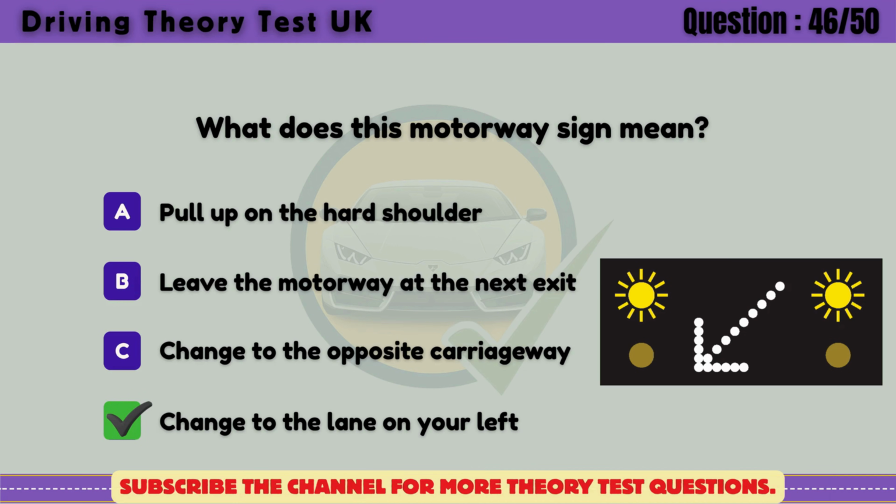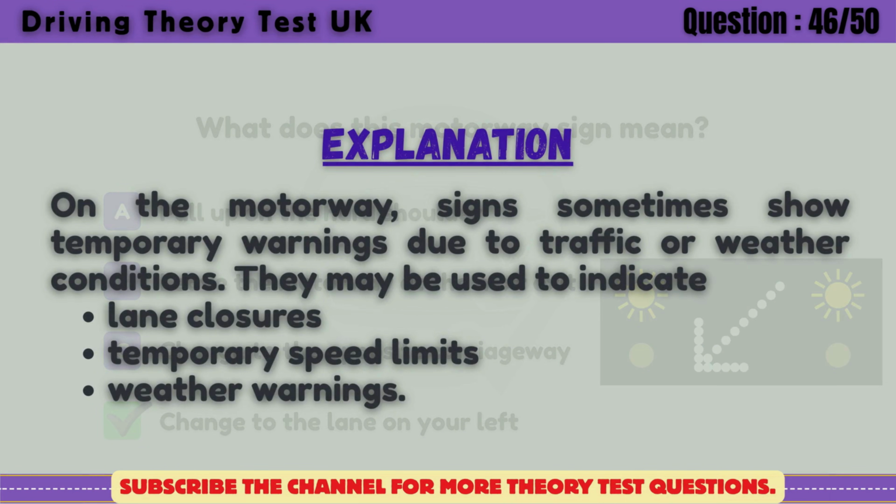Answer is D. Change to the lane on your left. On the motorway, signs sometimes show temporary warnings due to traffic or weather conditions. They may be used to indicate lane closures, temporary speed limits, weather warnings.